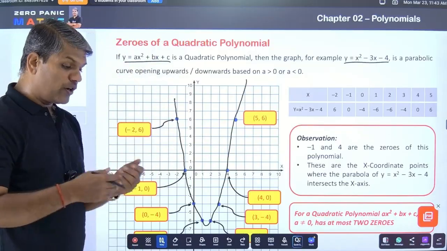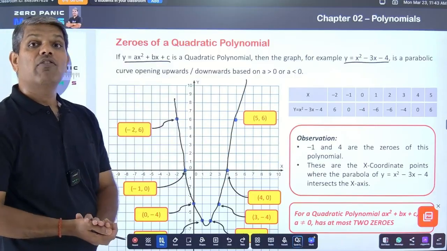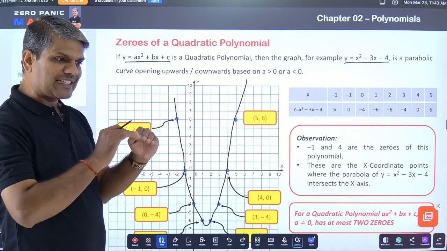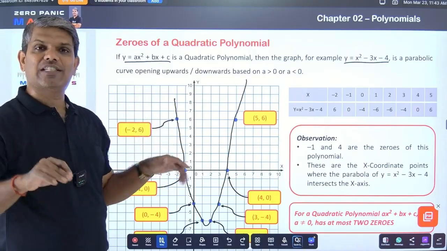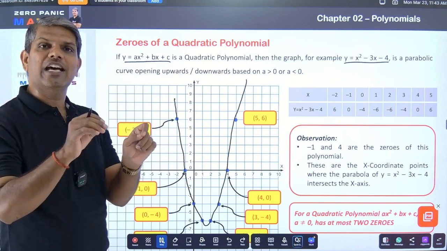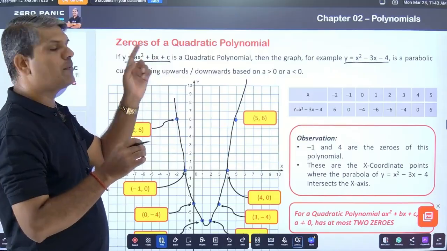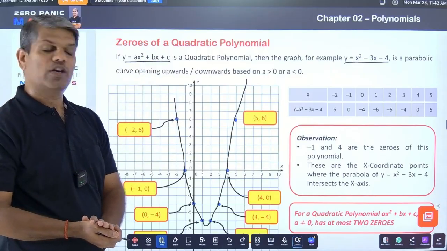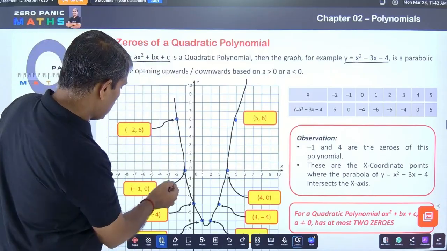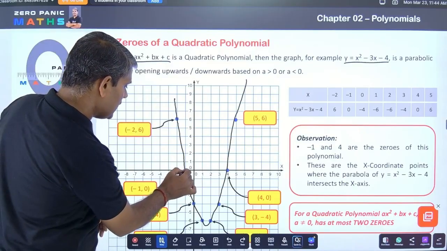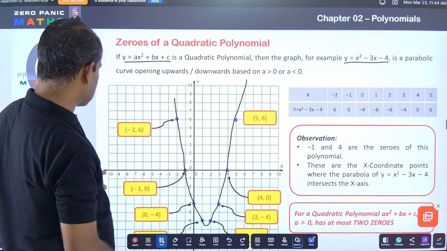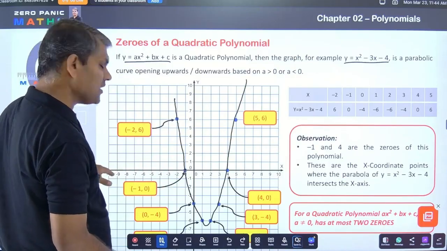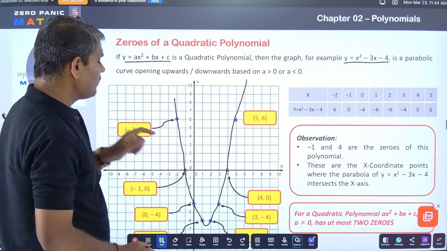Okay, now what is the thing that we need to observe? Where is that x-axis point where this parabola is cutting the x-axis? Because those 2 points are our zeros of a quadratic polynomial. So one point is minus 1, 0, where it is cutting the x-axis, though it is on the negative side of the x-axis.